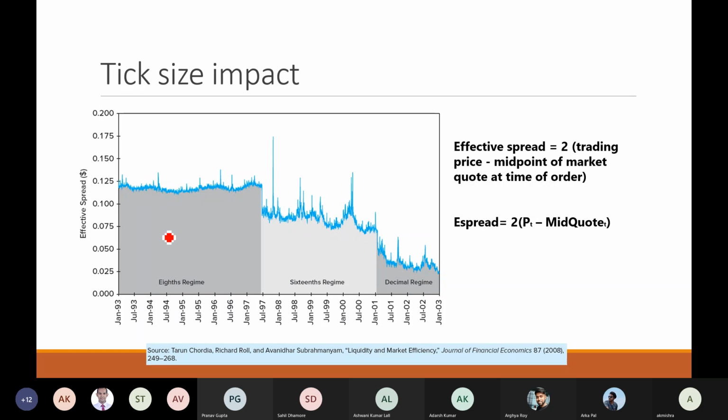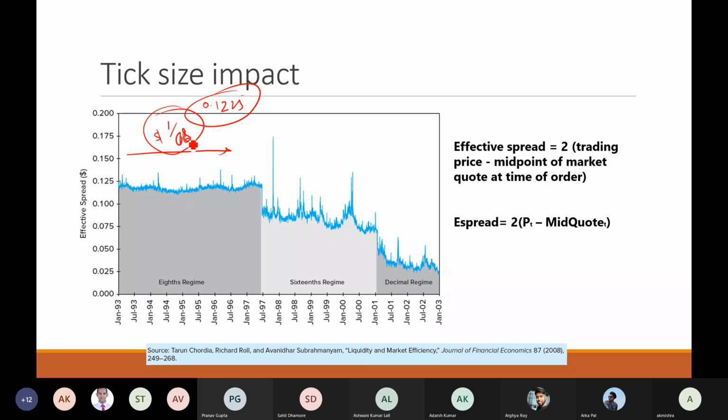So in the US, up to July 1997, the tick size was 1 by 8 dollar. It means I think it is going to be around 12.5 cents, right?